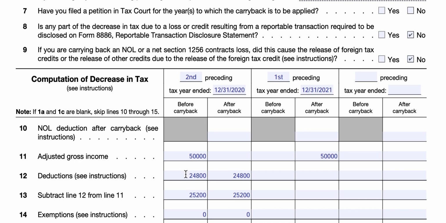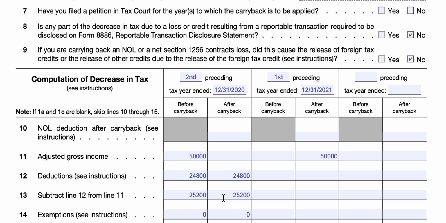So I just input some of these numbers as if we're going to go through that. So in line 11, I simply put in an AGI of $50,000. And then in line 12, I entered the standard deduction, which for that year is $24,800. You subtract the difference, and you get $25,200.